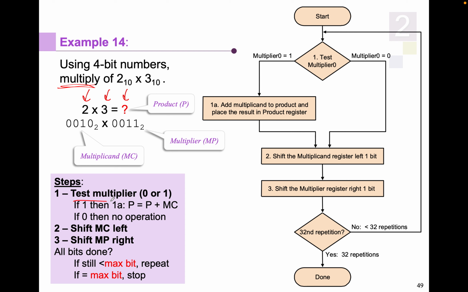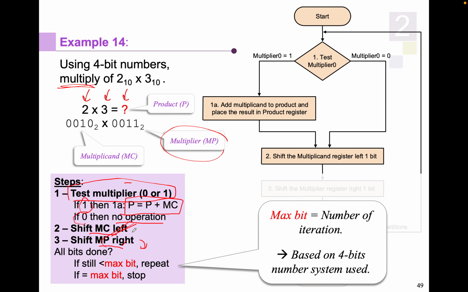First step, you test the multiplier, to see whether it is 0 or 1. If 1, then you do this operation. If 0, then there is no operation. After that, you shift left, and then shift right. Later I will show you all these steps. The maximum number of iterations is based on the number of bits used, here a 7-bit numbering system.